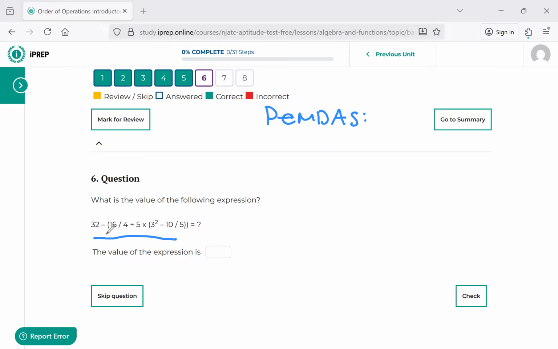I'm going to rewrite this problem with the slanted line as a horizontal, so it's going to be, oops, there's some parentheses there. 32 minus parentheses 16 over 4 plus 5 times parentheses 3 squared minus 10.